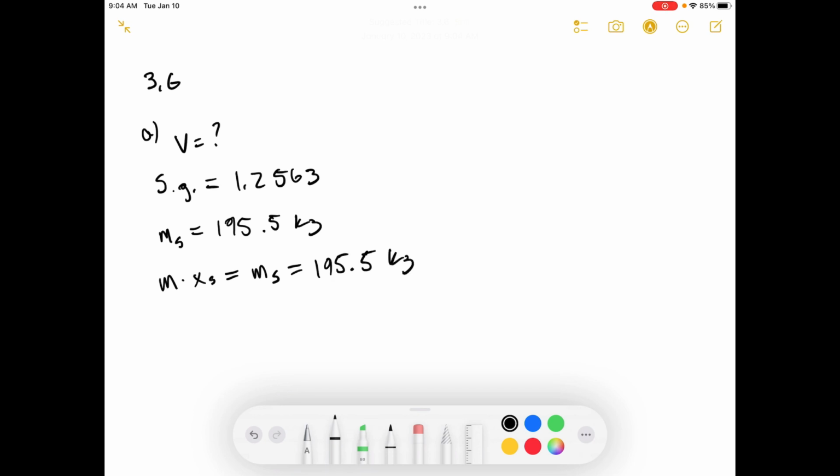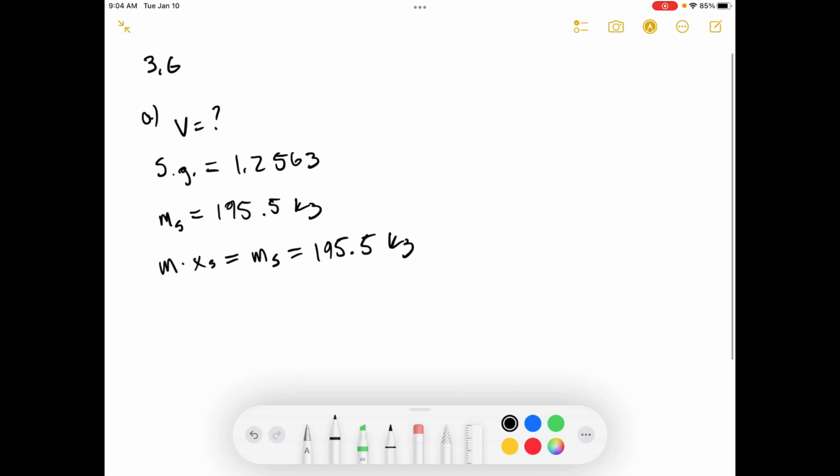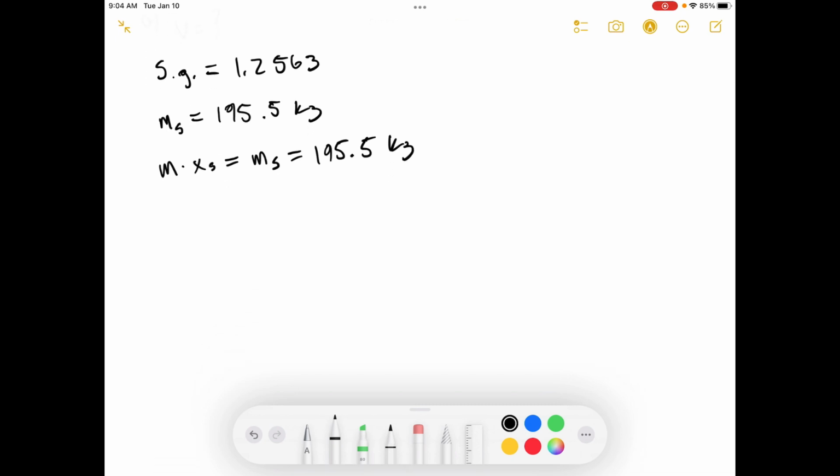I'm assuming that it's an aqueous solution, so the rest is water. So we know that the mass of water plus the mass of the sulfuric acid equals the total mass as well. And that the mass fraction of the water plus the mass fraction of the sulfuric acid is equal to 1.